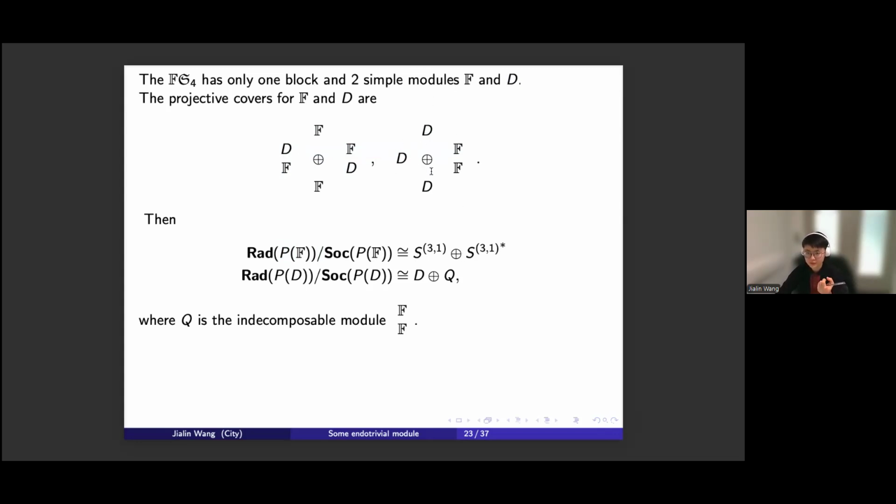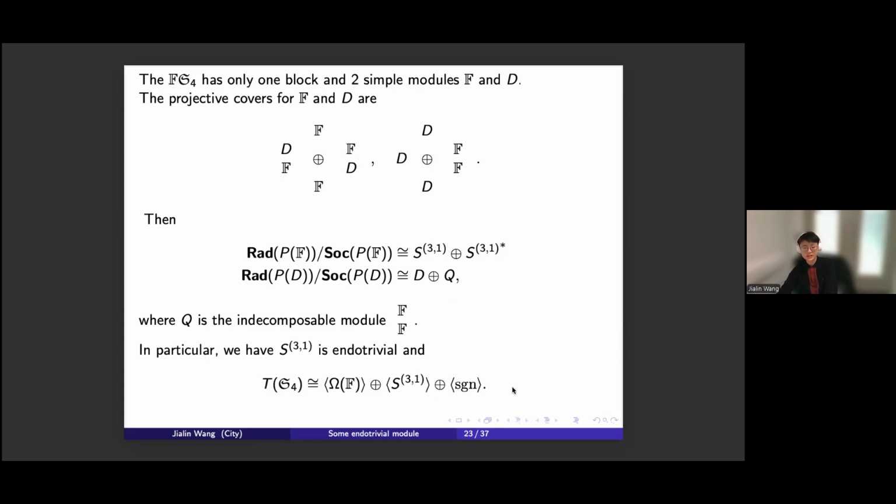Of course, we can say the same thing about the projective cover of D. It will split into two modules, D and Q. And in fact, this is actually a special biserial algebra, but I will not talk more about these things here. So I will name the module FF in the heart of FD as Q. By the theorem of Auslander and Carlson, this S31 is exactly the other endotrivial module we are looking for.